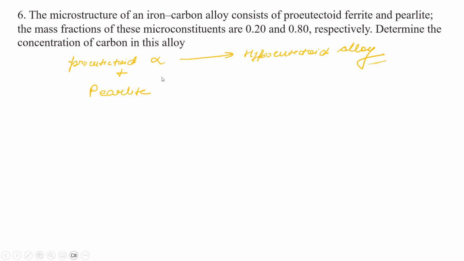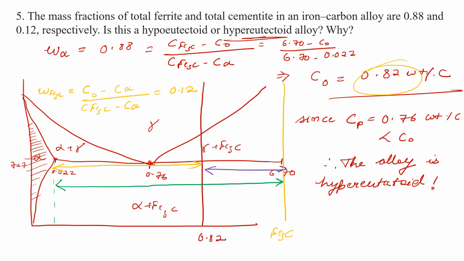The mass fractions of these constituents are: W alpha prime, which is pro-eutectoid, is 0.20, and W pearlite is 0.80. Determine the percentage of carbon. Similarly to what we have seen in the previous case.